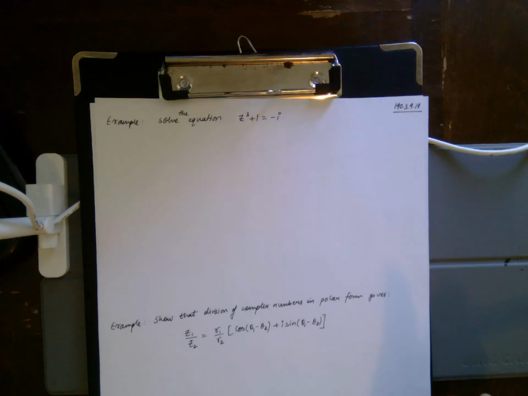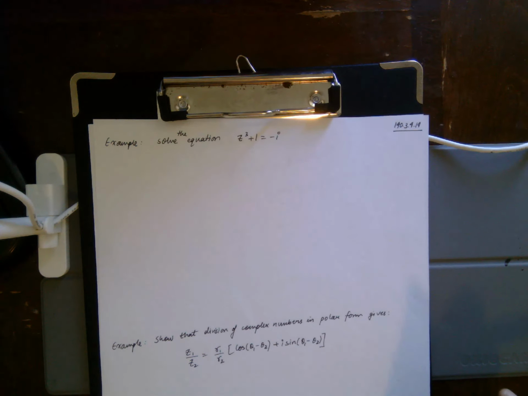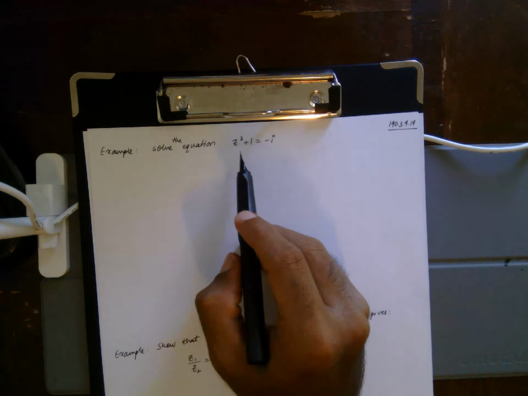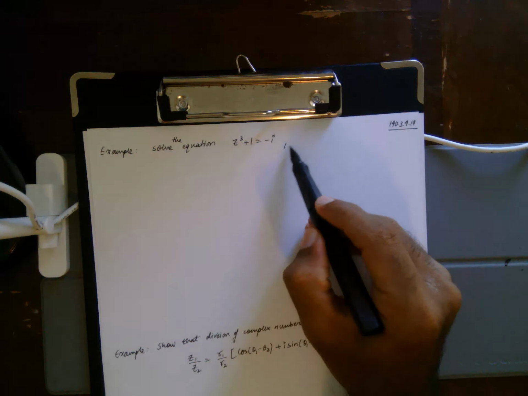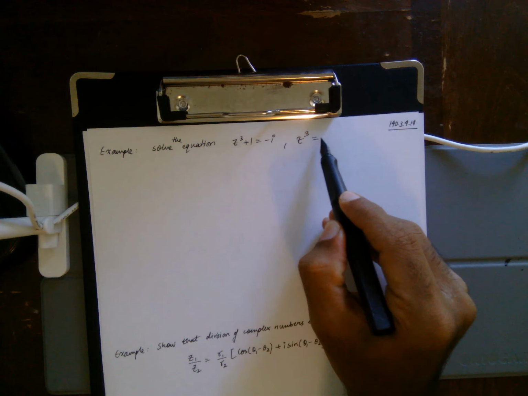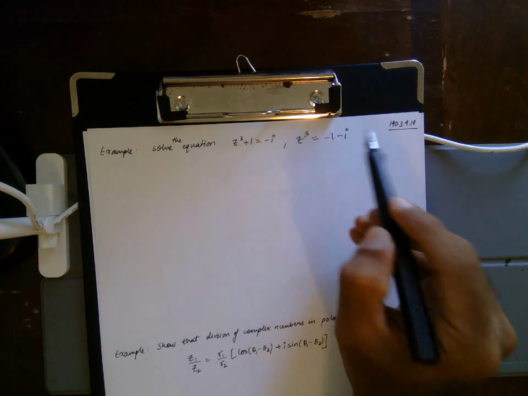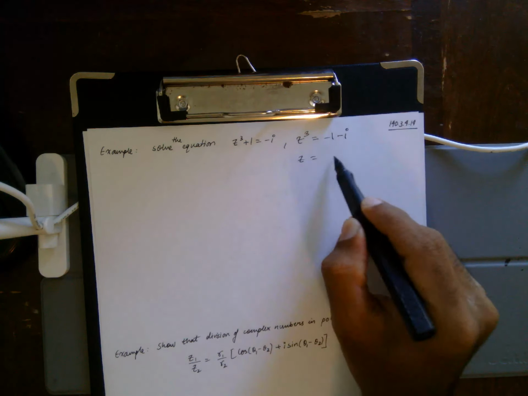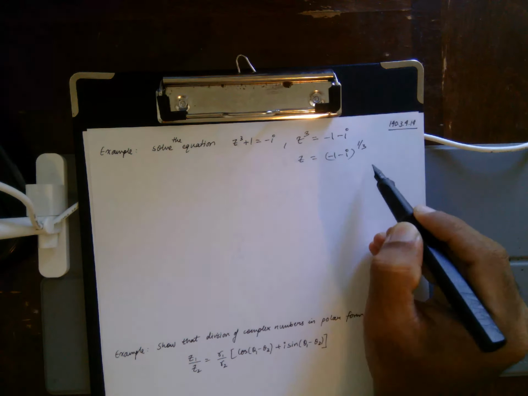Here's an application. So far we have solved equations in real numbers with x. But what if it's with z, with complex numbers? So this just boils down to what we've already done. z cubed is -1 minus i. So z is the cube root of this number.